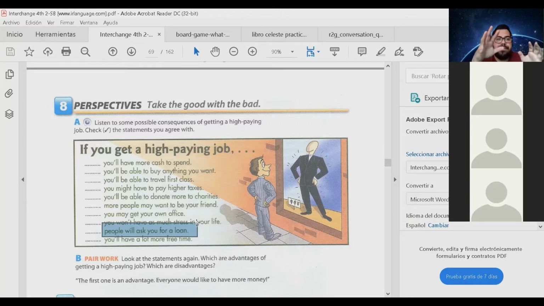A loan is when you go to a bank. You need money. Let's imagine that Haziel is like, oh, teacher, I need money because I want to buy a car. Haziel doesn't have, let's imagine, 5 million colones. So Haziel is like, no, teacher, I'm going to ask for a loan in the bank, okay? And they give you the money, right?